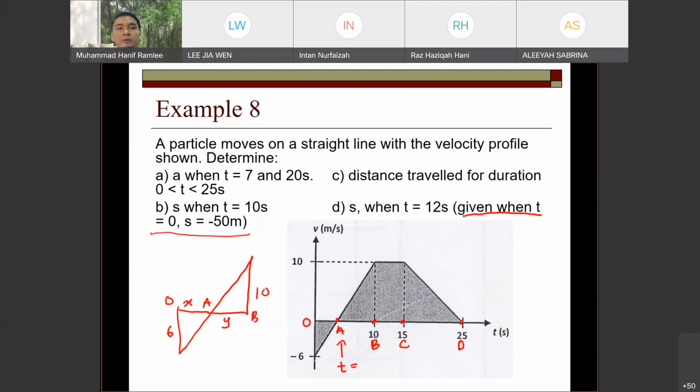So my question is, how to find x and y? Anyone?